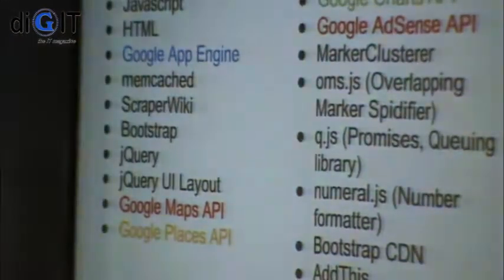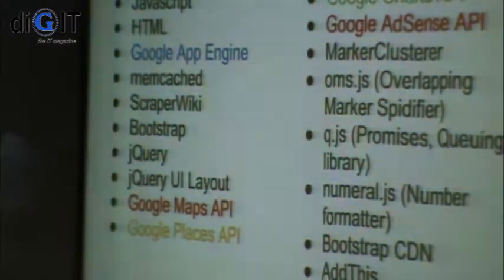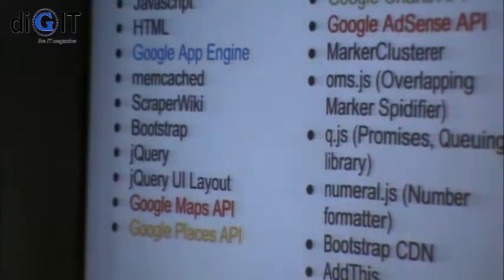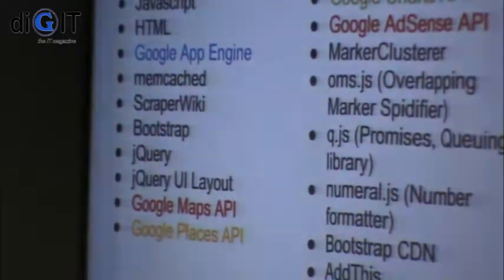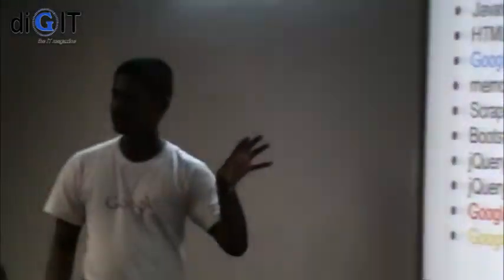And Google Maps API and Google Places API. So these are the most important APIs in Sri Lanka, I would say. What Google Maps API provides is the map, which is used for showing you the places where each listing is placed at.